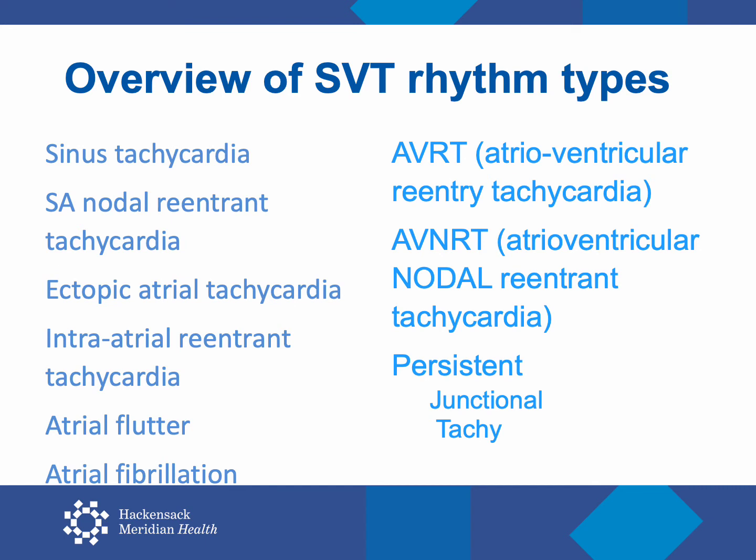So arrhythmias, tachycardias, can originate basically above the node or below that. They can be in the ventricle or above the ventricle. And this is a broad overview of the many types of supraventricular tachycardias.